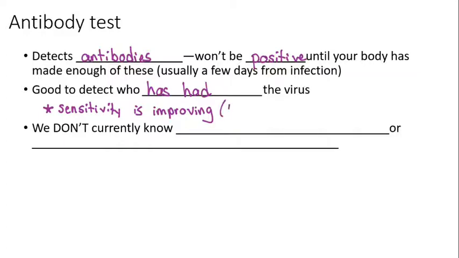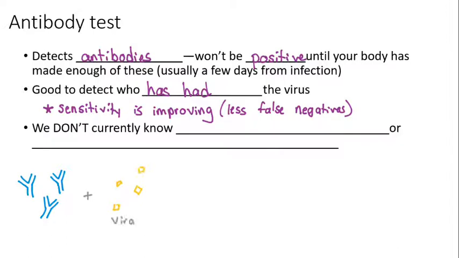How this works, we extract antibodies from the bloodstream. Then we add viral protein pieces. So these are not the actual virus. It's just pieces that look like the virus. We add these together, and if they bind, we get a signal.